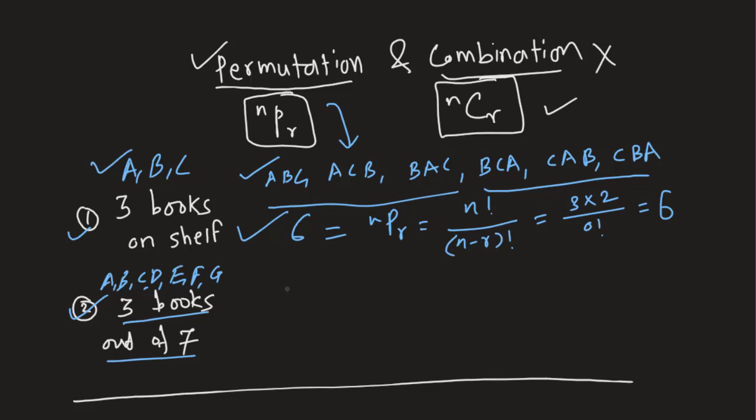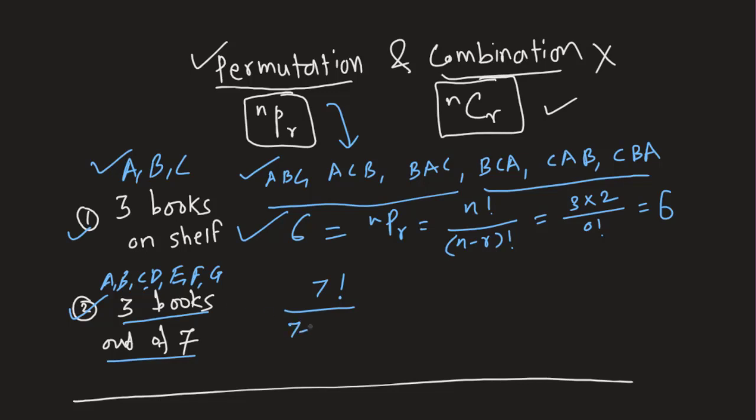Instead of calculating this manually, you can directly use this formula nPr, which says n factorial divided by n minus r factorial. Here n is 7, because we have to select the books from the 7 books, and r is 3.